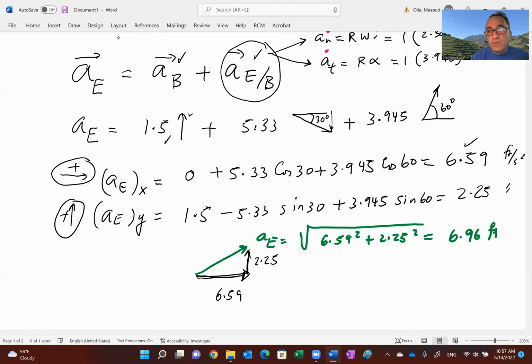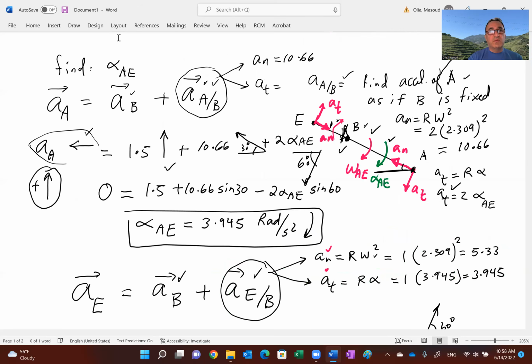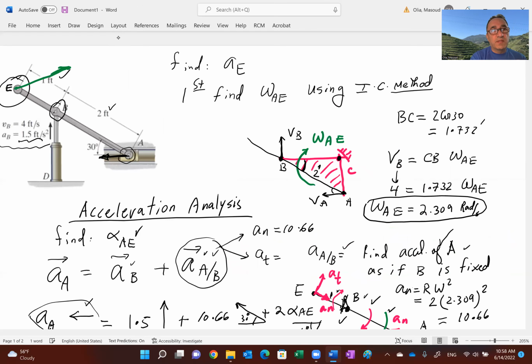If you'd like to know the exact direction, you can figure out this angle, call it phi. Phi is inverse tan of 2.25 over 6.59, which is almost 19 degrees, 18.8 degrees. So if we come up here, acceleration of E at this instant will look like what we just got, like that, at almost 19 degrees.